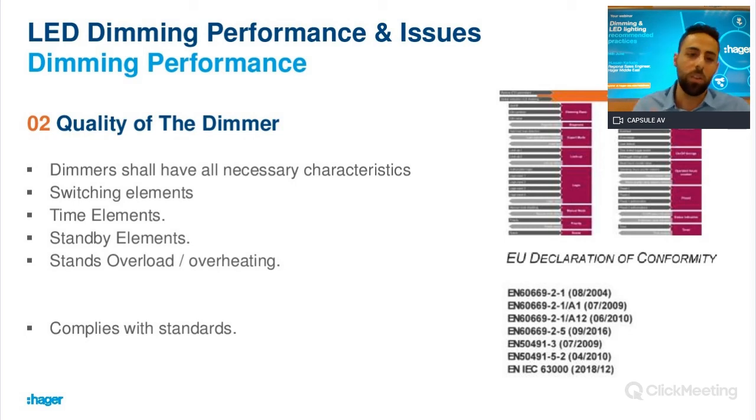Because simply you got a low quality dimmer without overload protection, and you got the fire. As simple as it is. And of course, we need to make sure these dimmers comply with standards. There is a declaration of conformity, there are certifications, there are test certificates. So we need to make sure these dimmers at least match one of these standards.